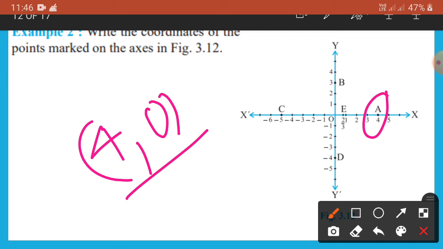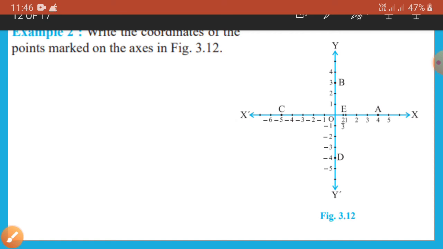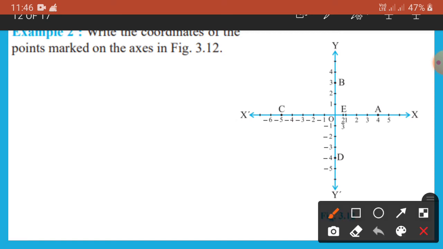Okay, next, the coordinates of B will be, the x value will be 0 here, and the value of y will be 3.